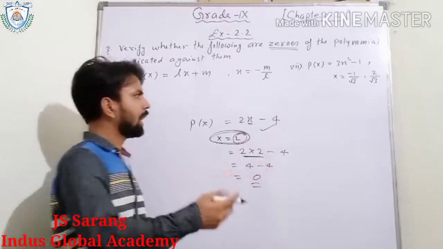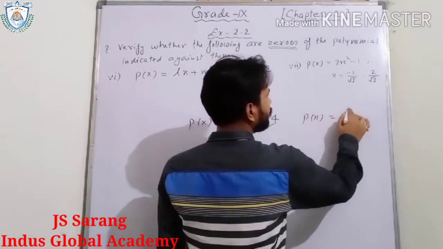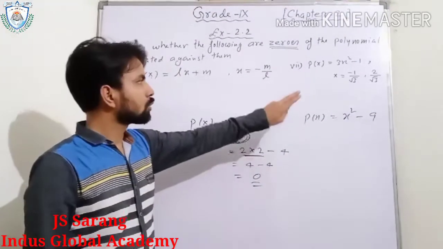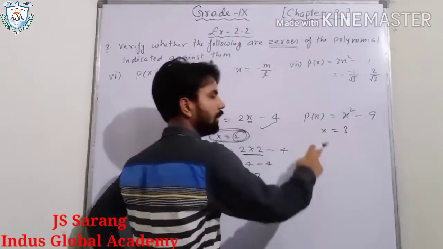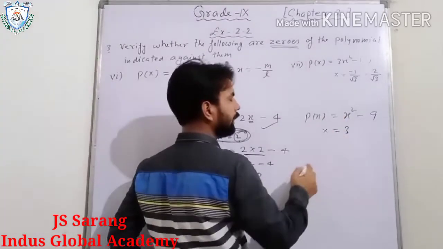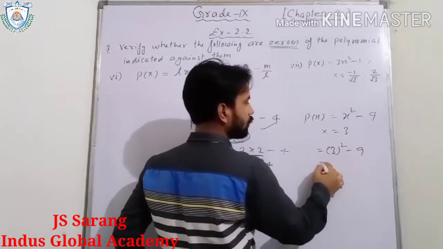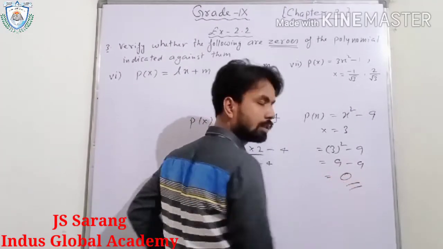Understood? Okay, I am taking one more example. P(x) equal to x square minus 9. Clear? So if I put x equal to 3 here, beta, 3 square minus 9. So 3 square gives you 9, minus 9. 9 minus 9 is what? 0.